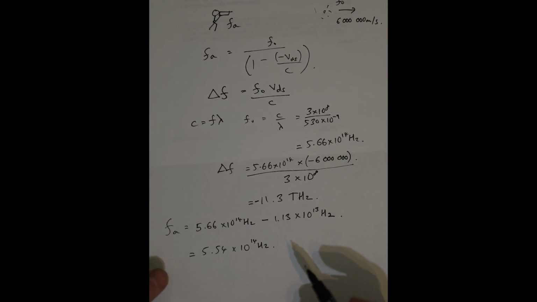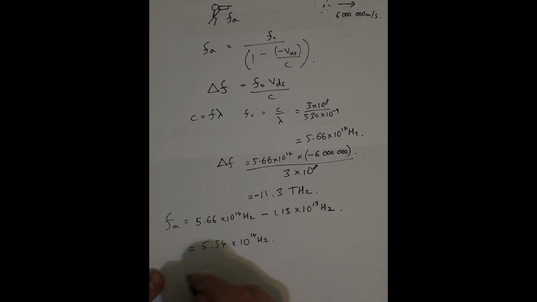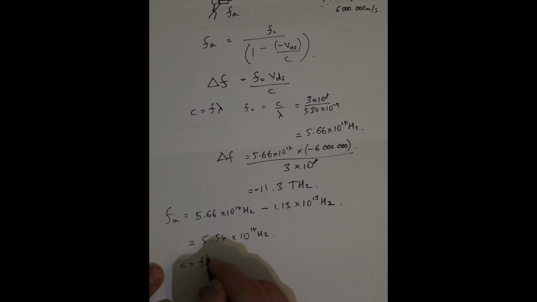So now that's going to be our apparent frequency, and we want to work out what the apparent peak wavelength is of this. So we need to go back to our wave equation. So c is equal to f lambda.